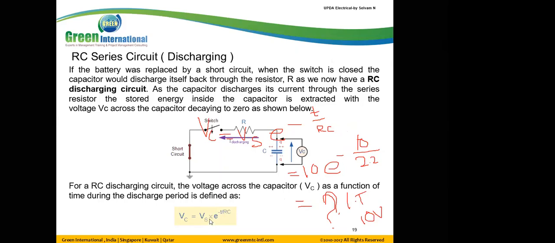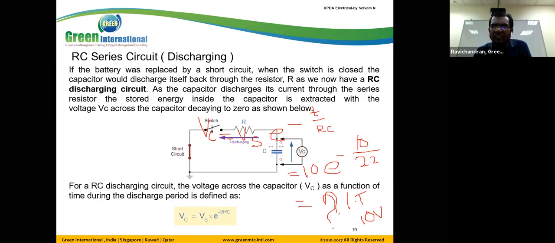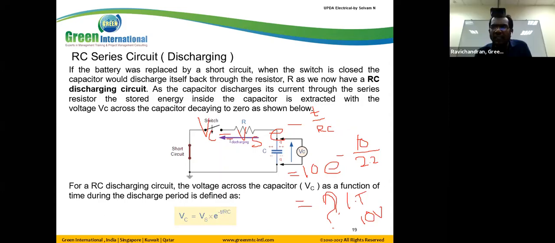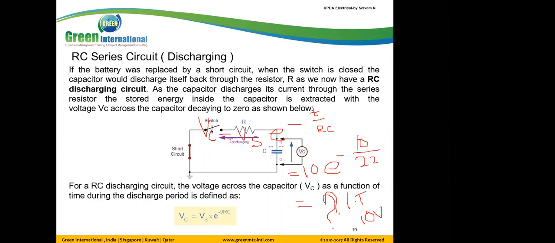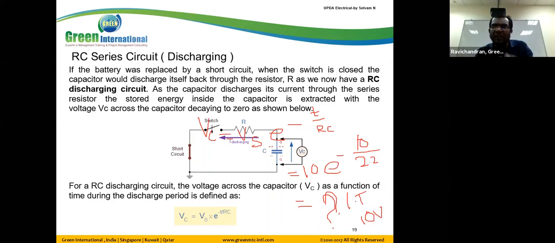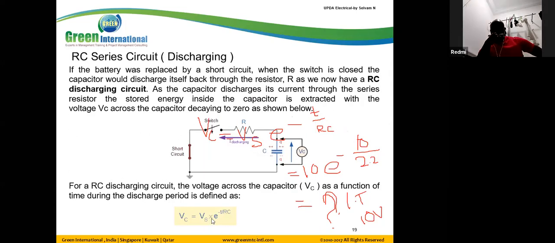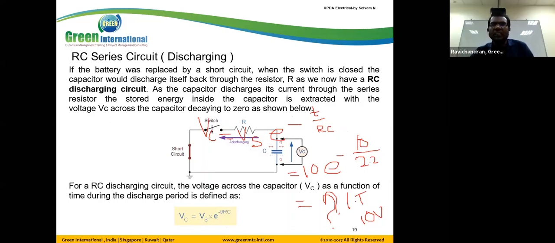For the discharging circuit, the source voltage is the capacitor voltage. So don't confuse this Vs with the previous Vs. From this formula, we substitute the values.